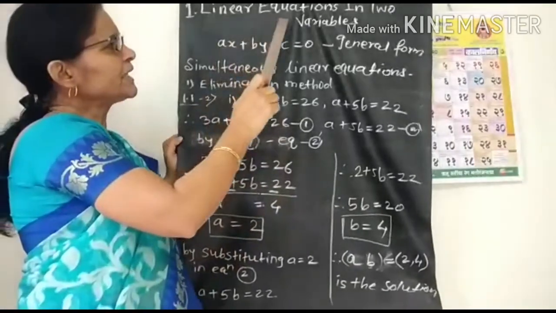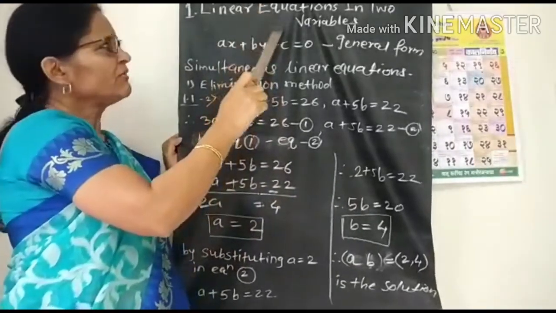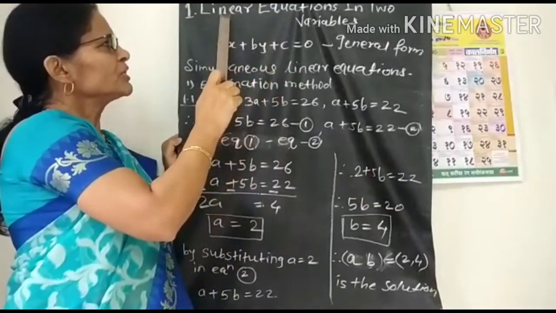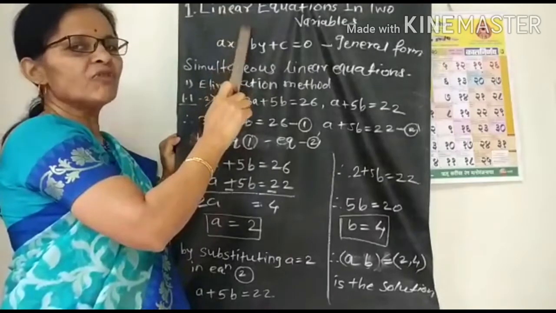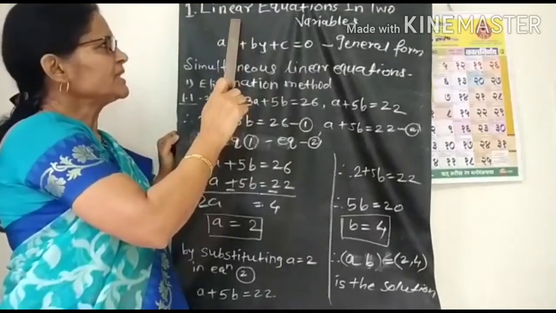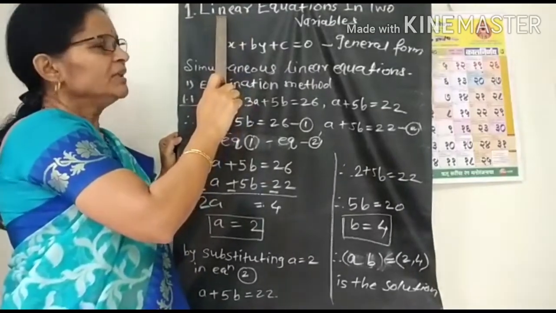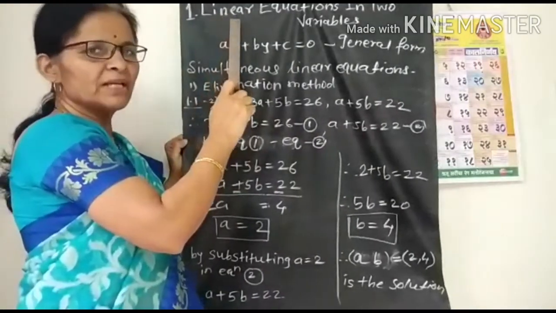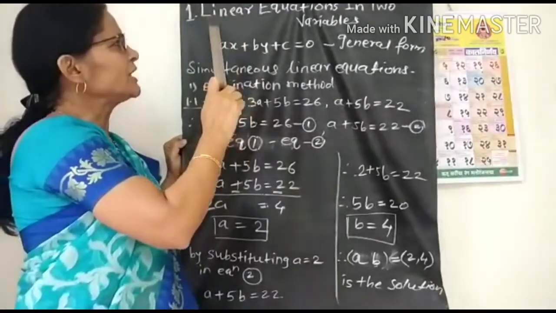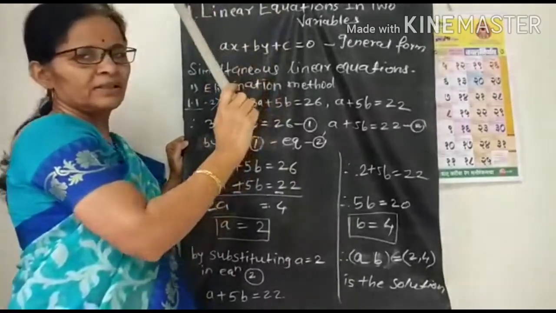And what is linear equation? Equation which is called as a linear having a variable with index 1 means in an equation, if the index of the variable is 1, then such equations are called as linear equation.